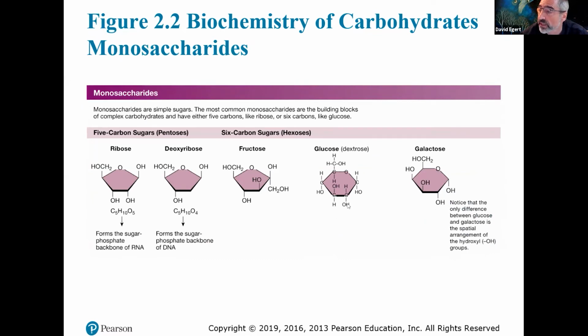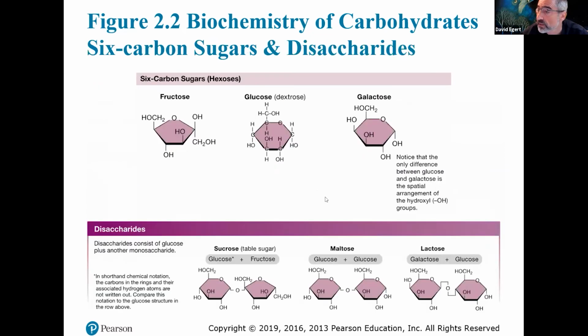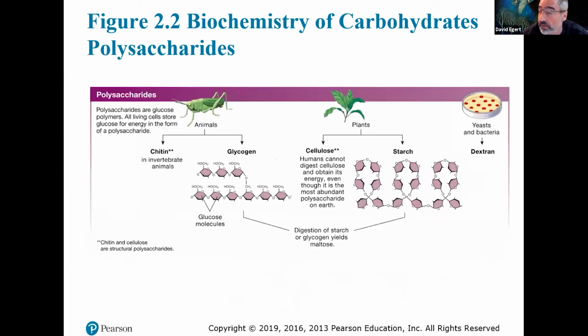Again, in water, they tend to form this ring form. Disaccharides, sucrose, maltose, lactose, we were talking about. These are what you get if you connect two simple sugars.